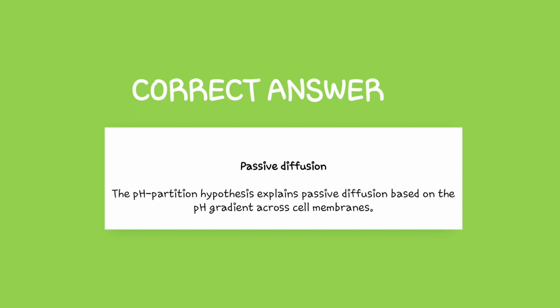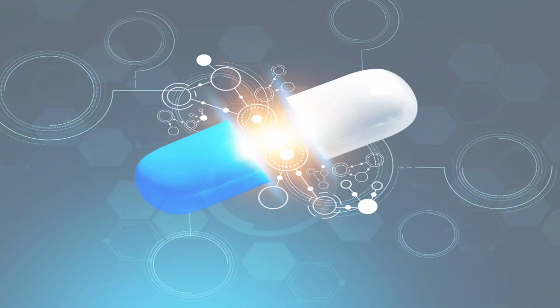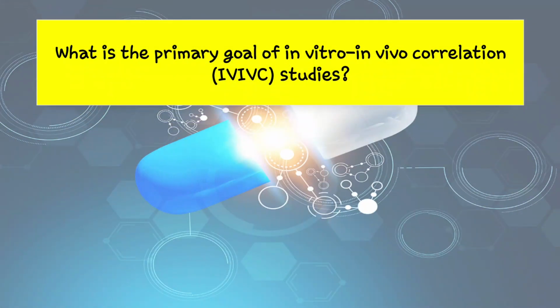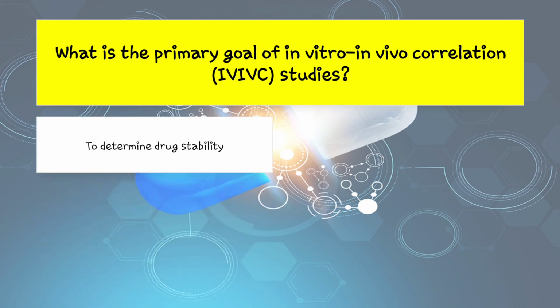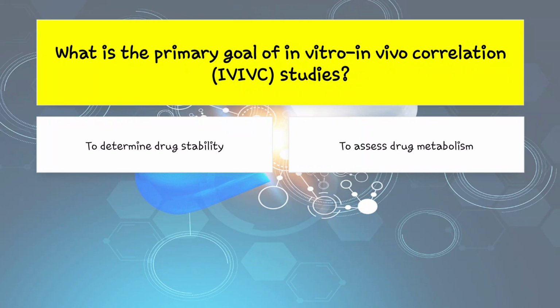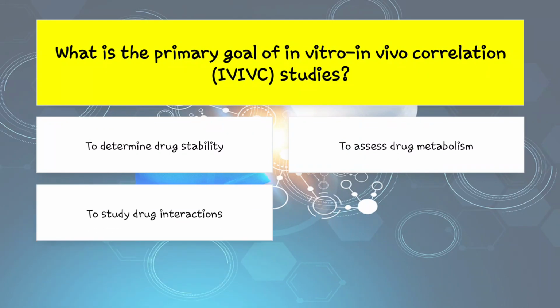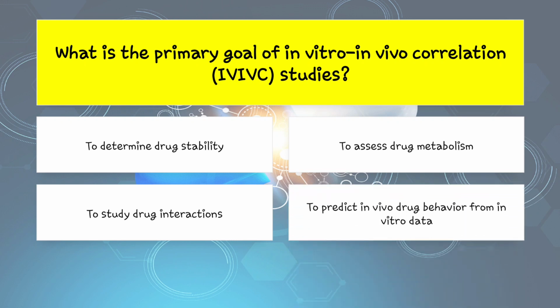Moving to next question. The question is, what is primary goal of in vitro in vivo correlation, that is IVIVC studies? And the options are A. To determine drug stability, option B. To assess drug metabolism, option C. To study drug interactions, and option number D. To predict in vivo drug behavior with in vitro data.